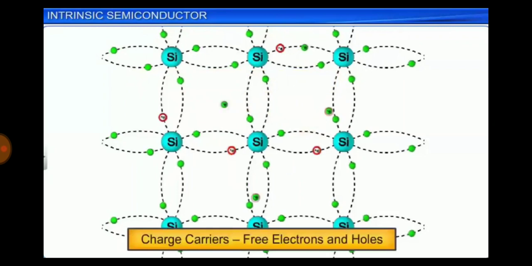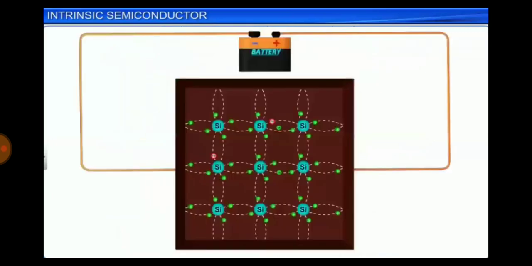What are the charge carriers here, children? Free electrons will move, those electrons generated by the thermal energy. Then there is a movement of holes. That means there are two charge carriers. One is electrons, another one is holes. Then what is the total current?